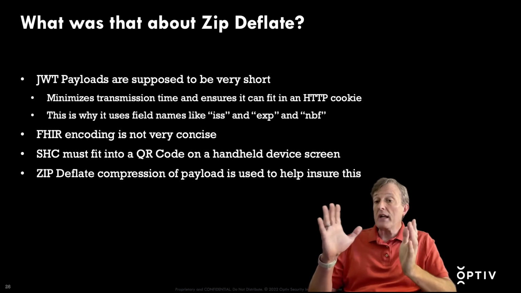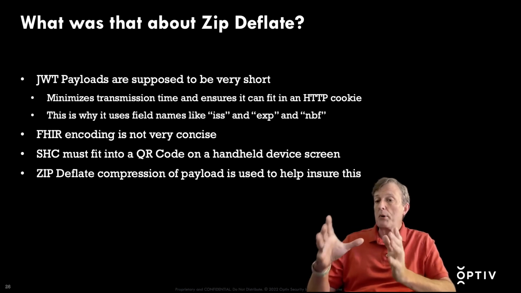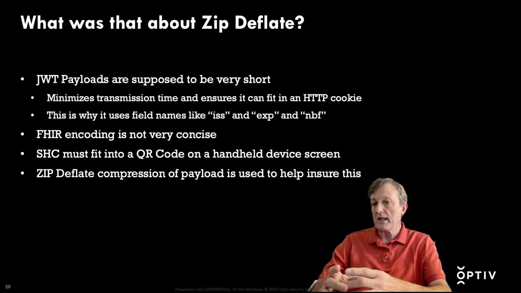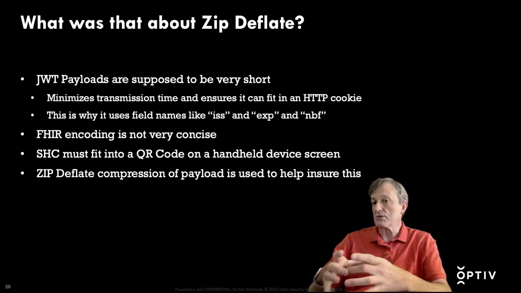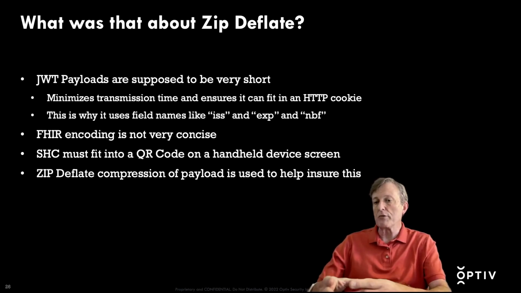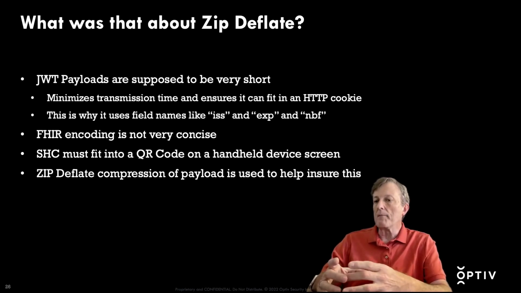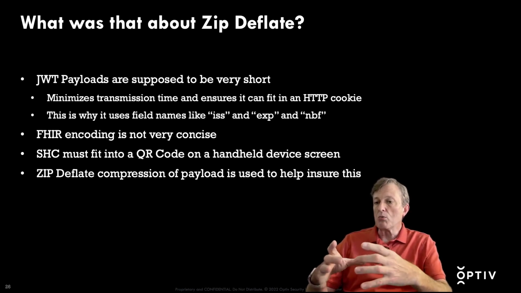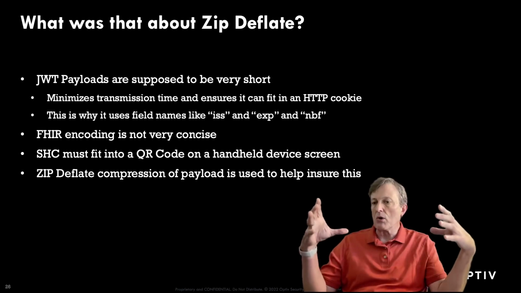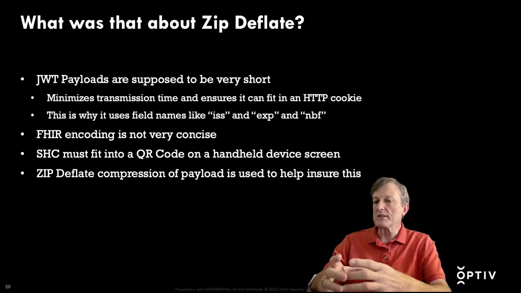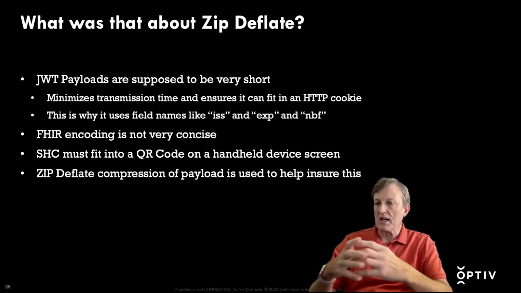We do want to keep it concise because we want to put it in a QR code that can fit on a smartphone screen, right? And obviously there's a dot resolution issue on smartphone screens, particularly if you don't have the latest and greatest smartphone. So we don't want to use a gigantic QR code. We want one that has a reasonably large dot size.